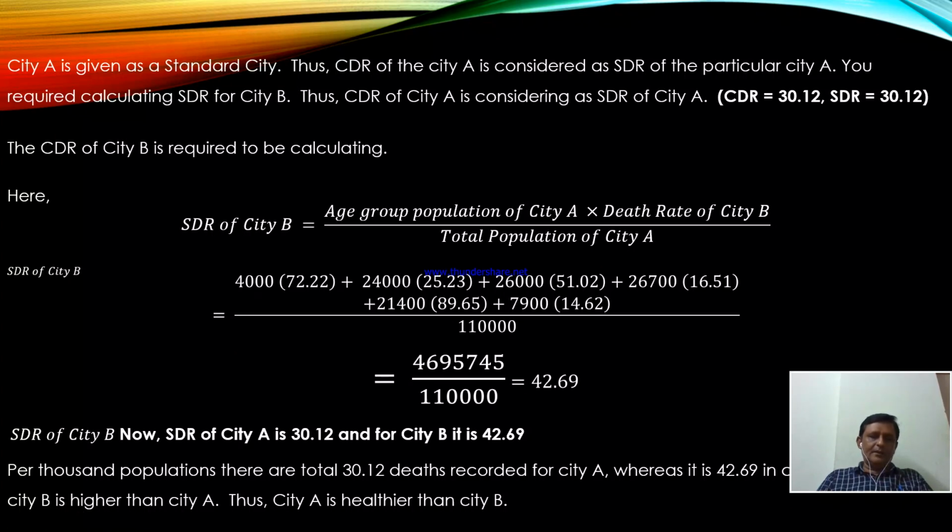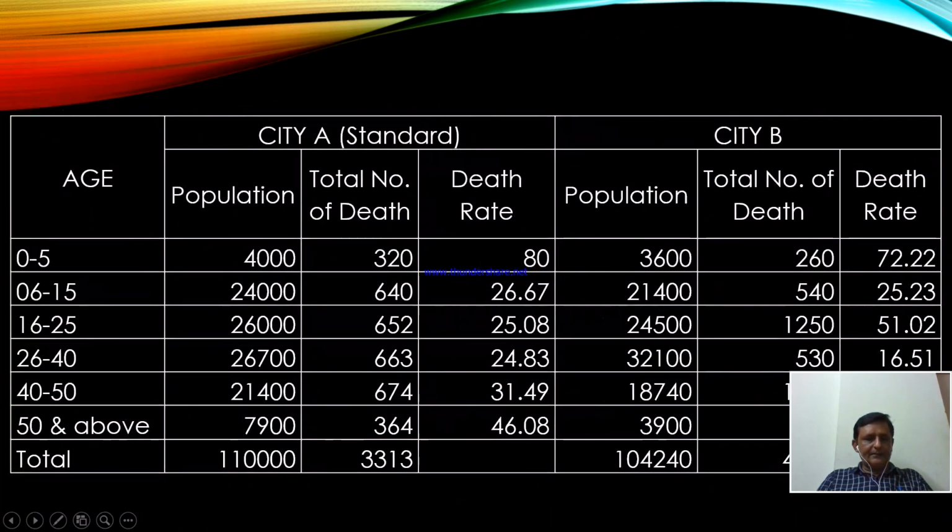4000 is the total population in the first age group of city A, 0 to 5, whereas we got the death rate as 72.22. Let's go back and check. Here it is. 4000 is the population and the death rate for city B is 72.22. The next step is 24,000, the second age group, and here we have the death rate of 25.23, right?